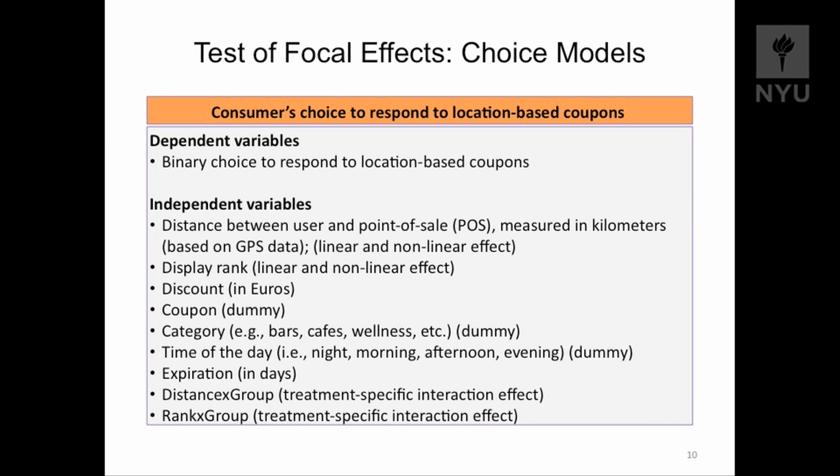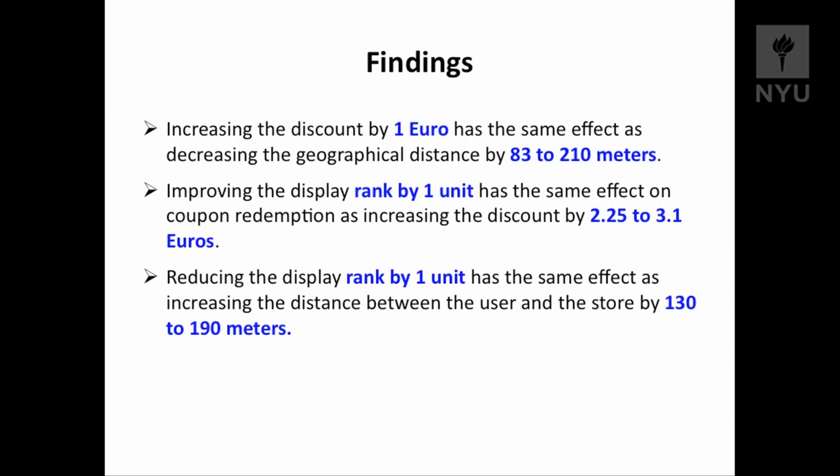And so once you run these, our intent here was not so much, aha, surprising results, but more so the quantifiable analytics, right? So we start getting these findings. For example, if you increase the discount by €1, so this is in Europe and Germany, so everything is in euro, that has the same effect on purchase propensity as when you decrease the distance between 83 and 210 meters, right?